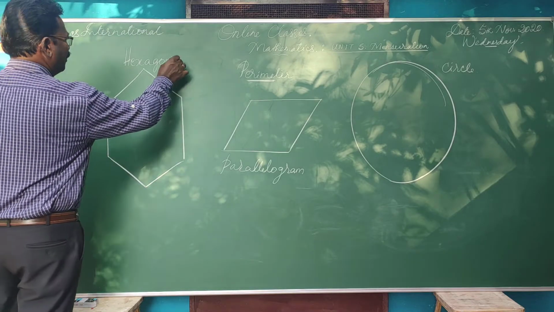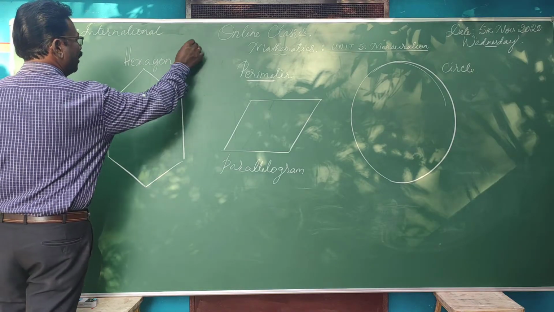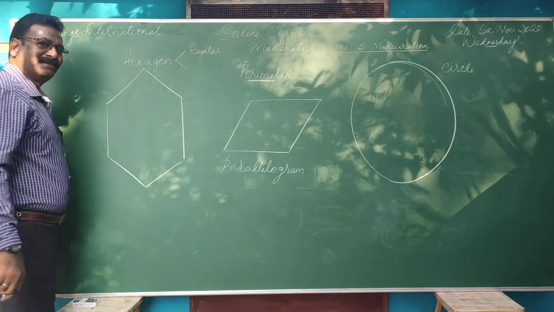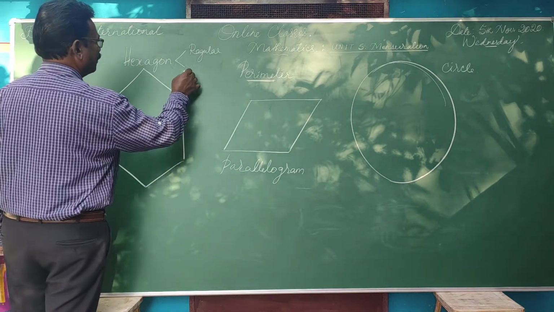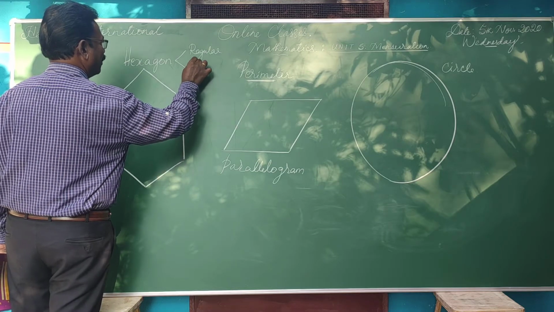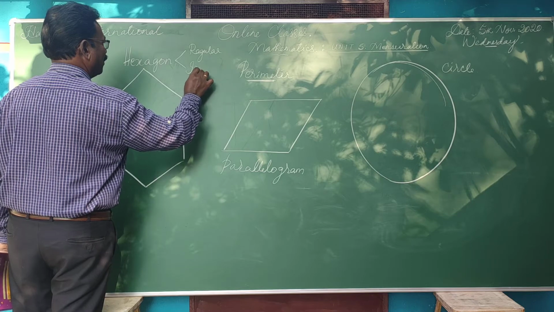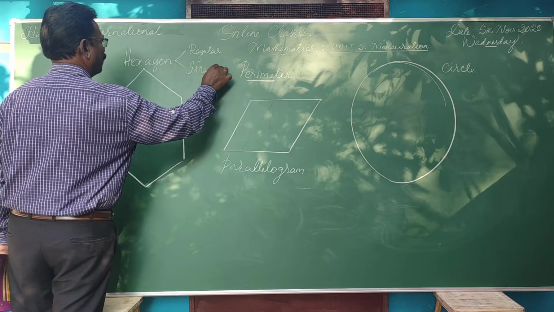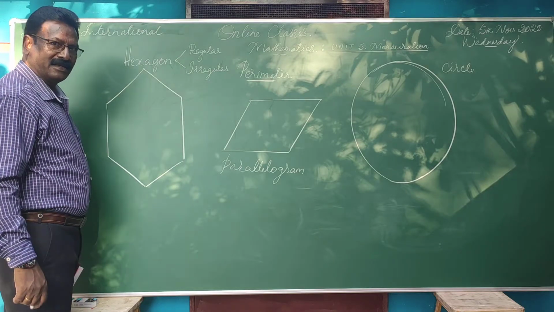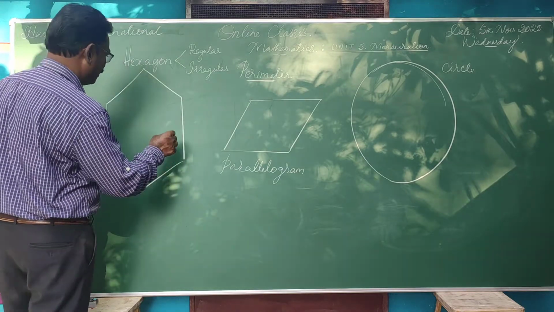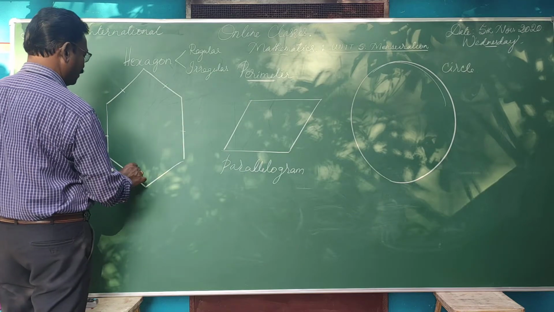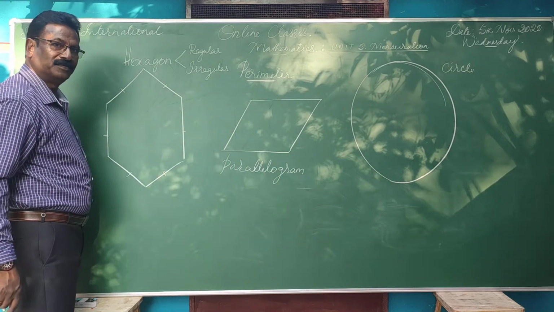In the case of hexagon, we have regular hexagon and irregular. So what is a regular hexagon? In the sense when all its sides are equal.